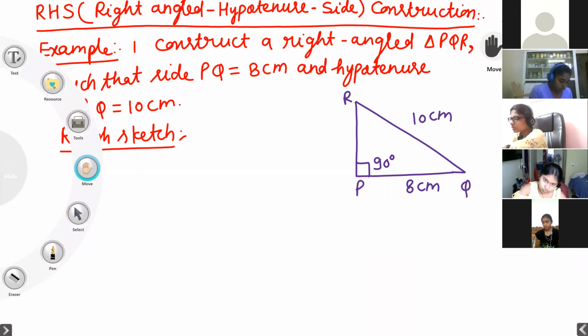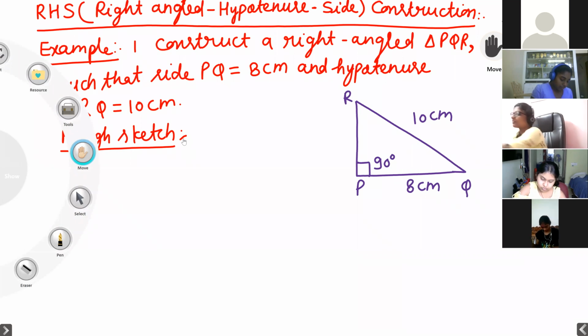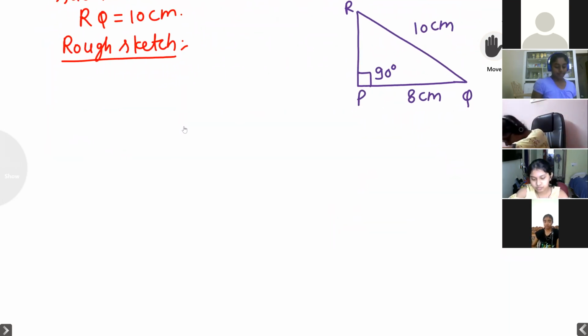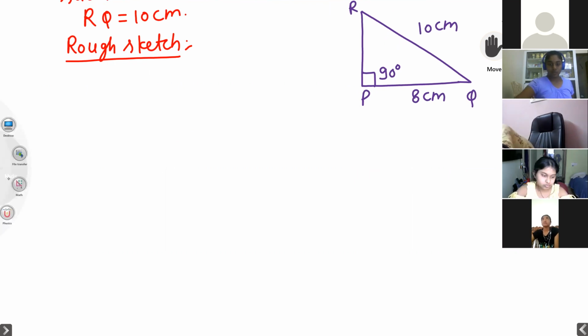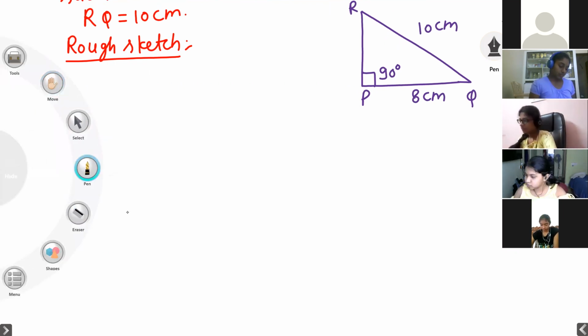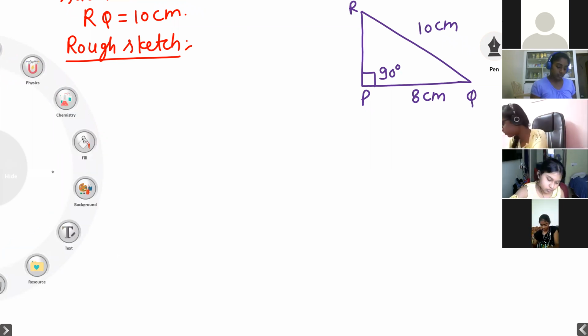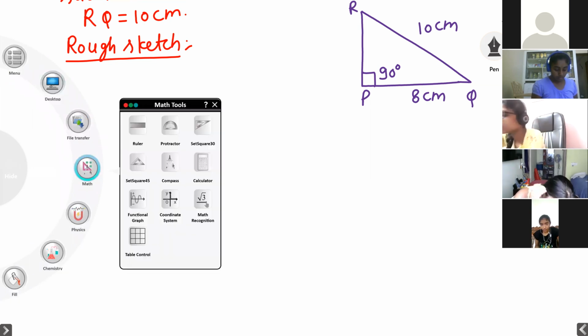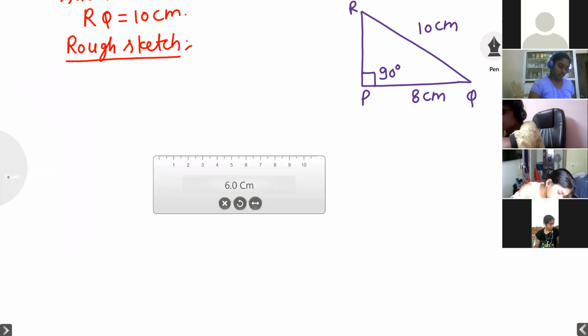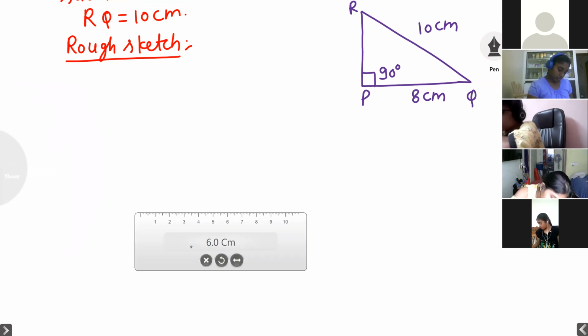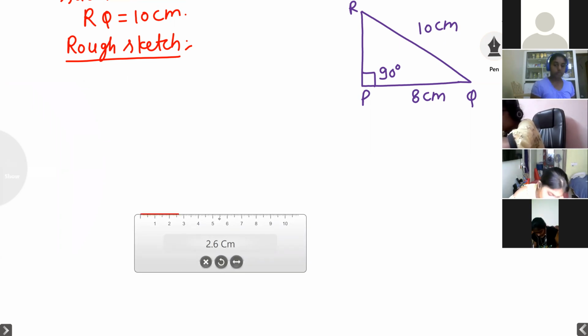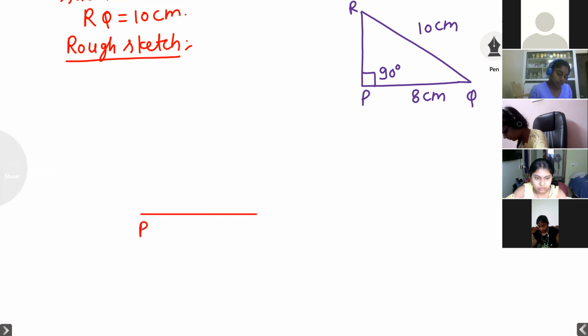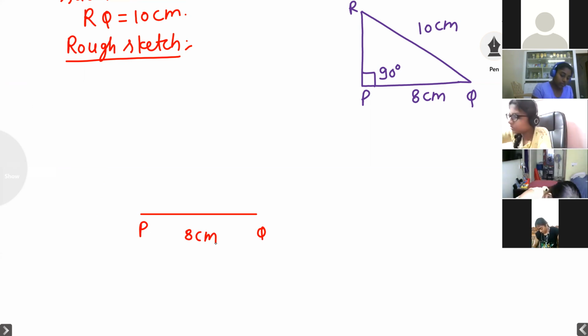Draw one line segment PQ is equal to 8 centimeter.